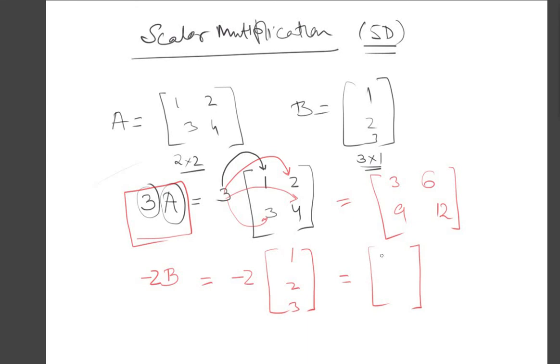Negative 1 times negative 2 is negative 2. Great. What's the next one? Negative 4. Great. What's the next? Negative 6. So that is what scalar multiplication is all about. Got my point? In scalar multiplication, we are just multiplying the elements individually by any number which is placed outside the matrix. All right.